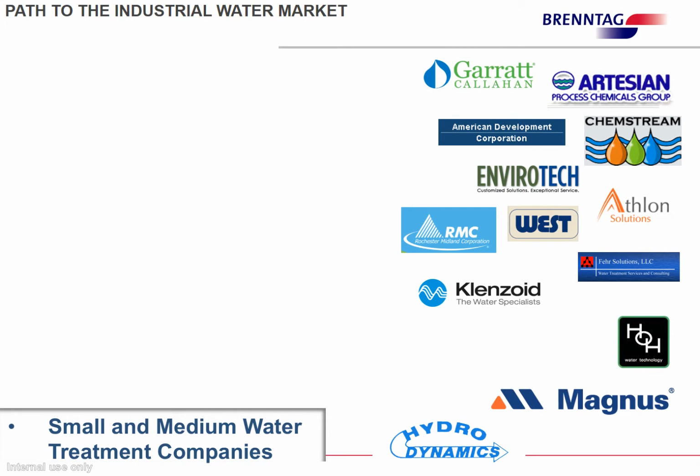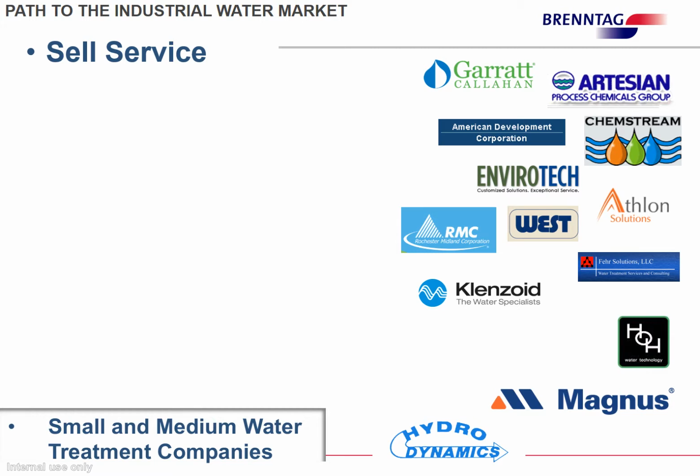So we look at the small and medium water treatment companies. On the right-hand side are a number of companies that Brenntag currently has business with. They sell service. Although they sell chemicals, they really sell their service. They go in and check the corrosion rates. They check the scale rates.